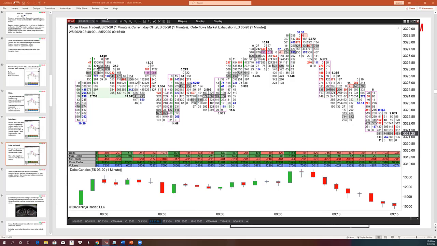Well, for me, about the farthest I go out on an order flow chart is 15 minutes. Now, I know some people are working on projects with order flow on 30-minute charts, old market profile guys. Now that there are these micro contracts, they're able to scale in and scale out of positions on a 30-minute chart.